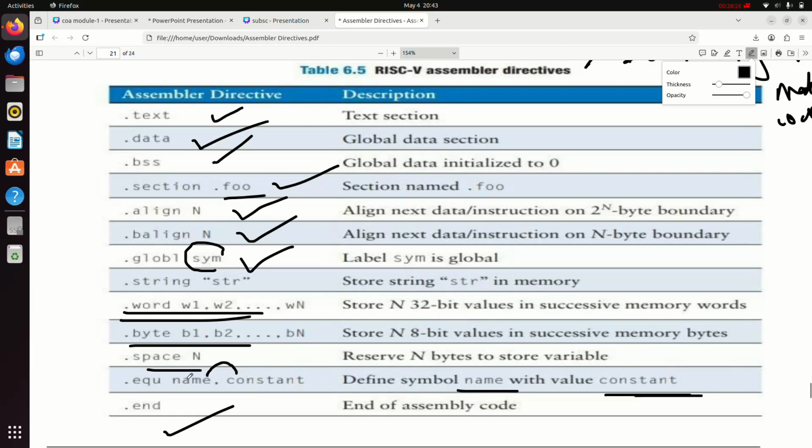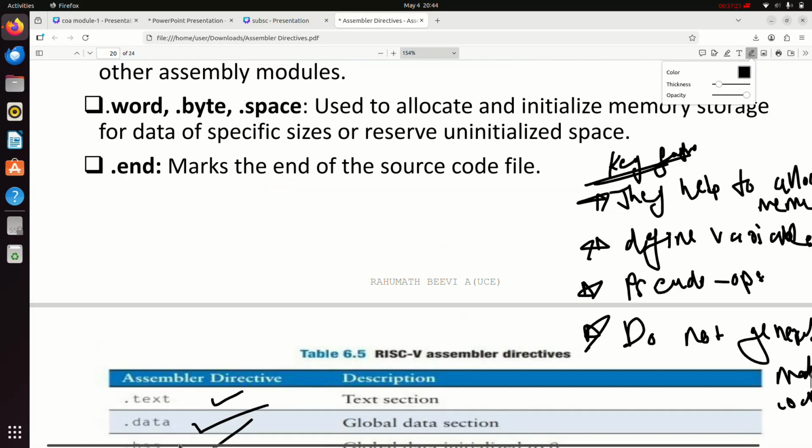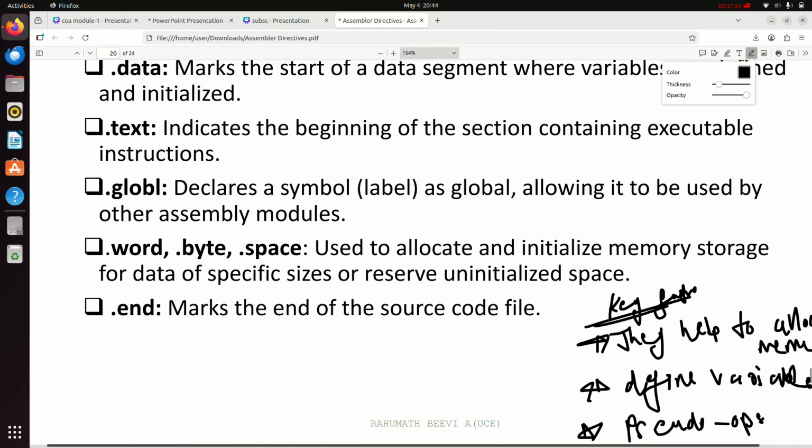So we are defining a symbol that is name and its value is the constant. .end means the end of the assembly code. .space is important here and .end is also important. Fine. So these are the important directives.